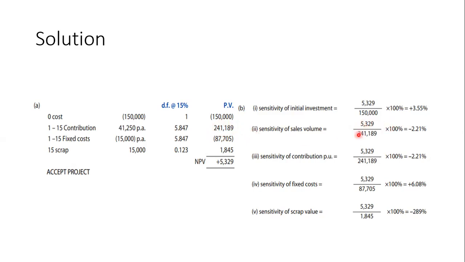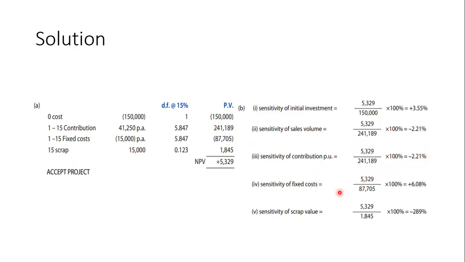So that is your NPV divided by your contribution for the period, and you express it as a percentage, that gives you negative 2.21. You do the same for contribution. Contribution is also within here. So you do the same thing, the same formula, it won't change. Variable cost is also within the contribution. You would also use the same thing. So variable cost would give you the same, negative 2.1, if the question had asked for it.